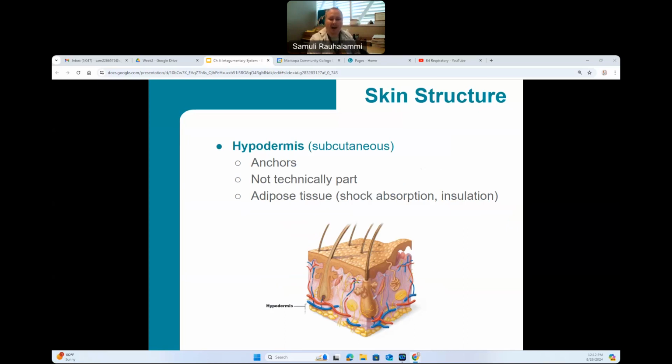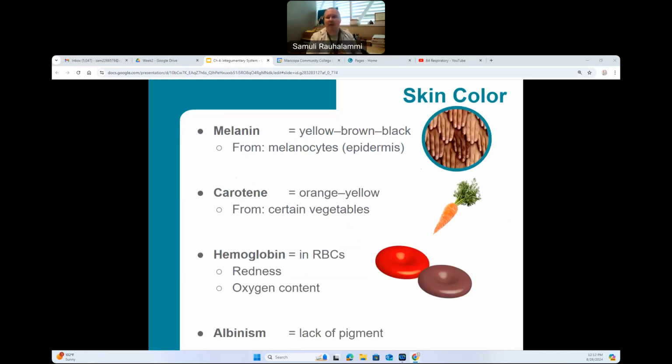So now that we've gone through the different layers of the skin, I think this is a good time for us to consider some of the factors that may play a role in skin color. We've already seen a little bit of this, but let's add to our conversation from earlier. We already mentioned melanin, which is produced by melanocytes in the epidermis, giving the yellow, brown, black range of colors that we can see.